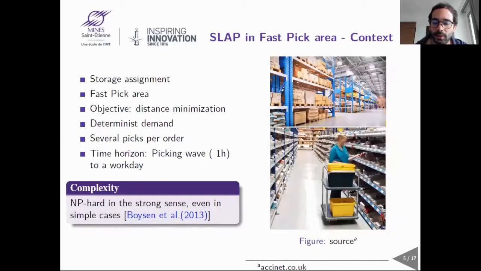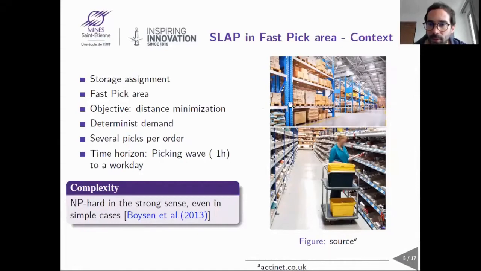So what we will study in this talk is the storage location assignment problem. So it's to determine where to store a set of items in the warehouse. We will focus on the fast pick area. Indeed, in a warehouse, there are several storage areas.